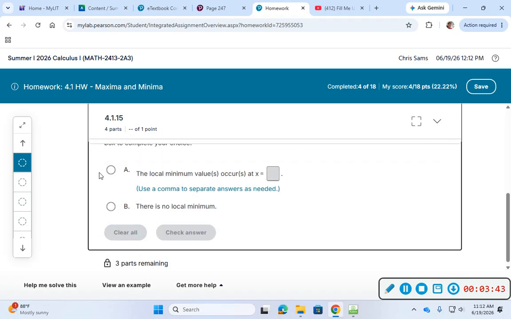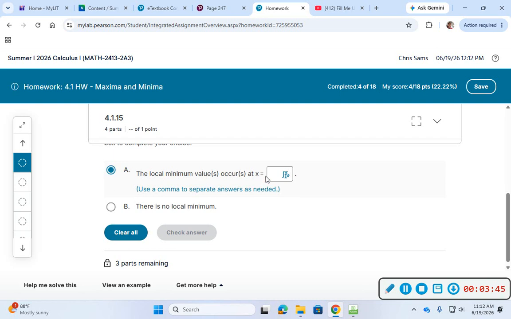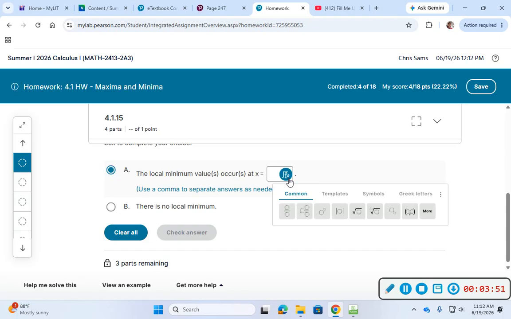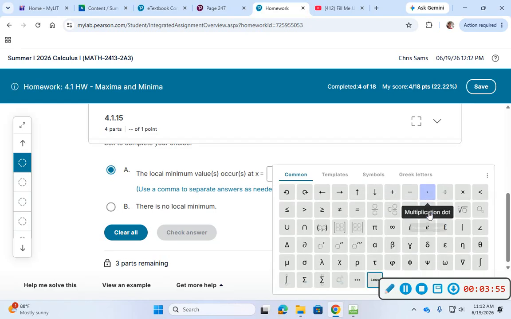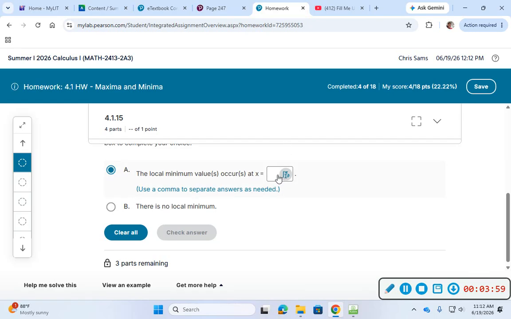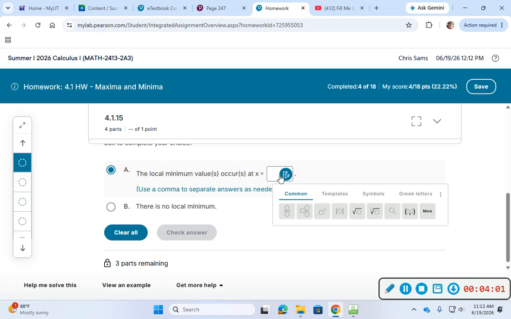What happened here? Local minimum. Does it only give me input symbols? Can I type R?